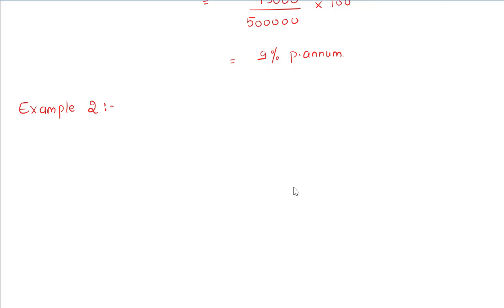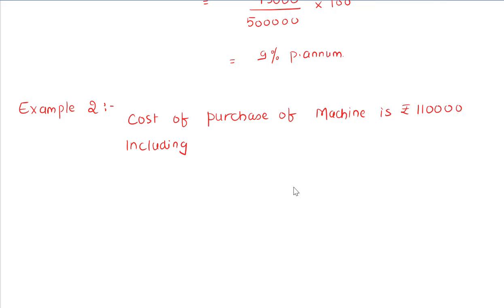Example 2. Take a note. Cost of purchase of machine is rupee 1,10,000, including value added tax, VAT, at the rate 10%.